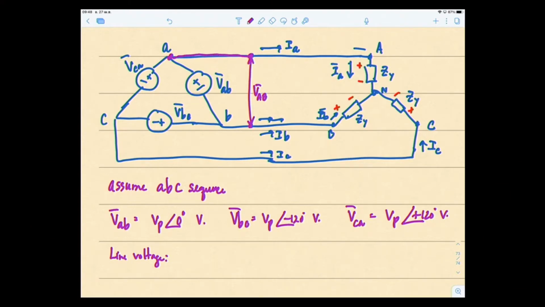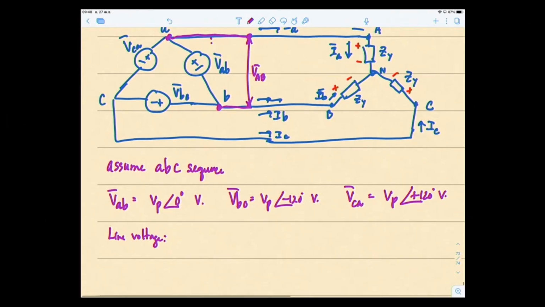This B line here is the same as this point. So therefore, it's the same voltage as the phase voltage right here. Therefore, VAB is equal to the phase VAB. VBC is the same thing, and VCA equal to VCA like this. So these are the line voltages.